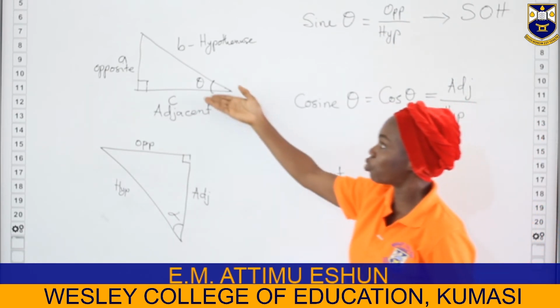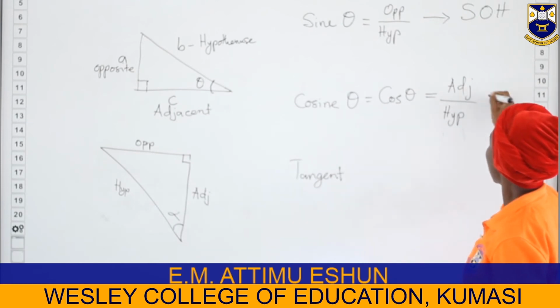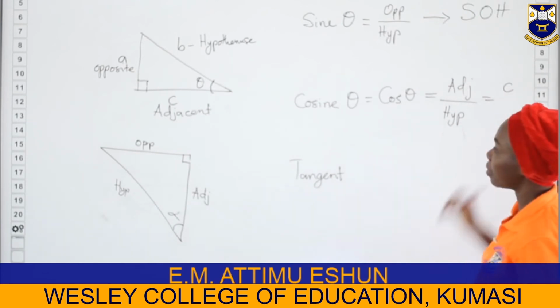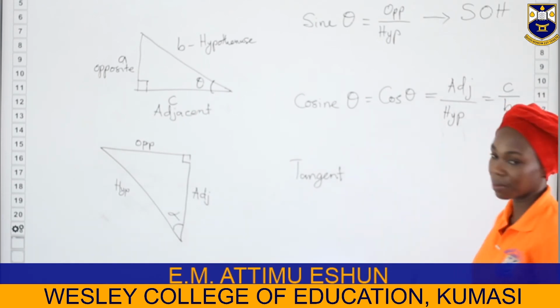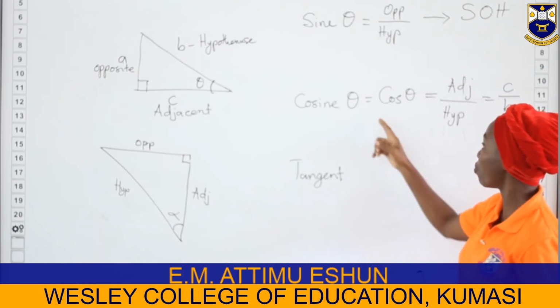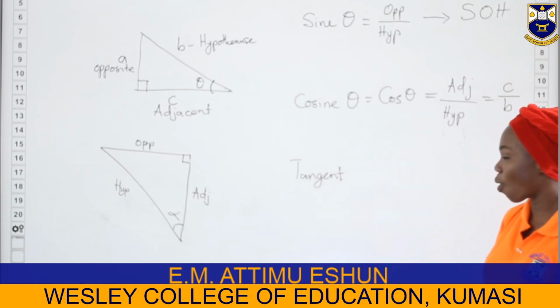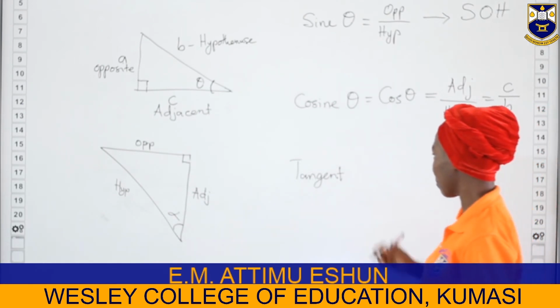So with reference to our triangle right here, the adjacent side is labeled C and our hypotenuse is labeled B. And so that is how we can get the ratio for cos theta or cosine of theta.